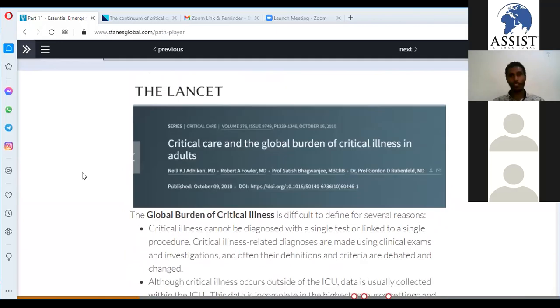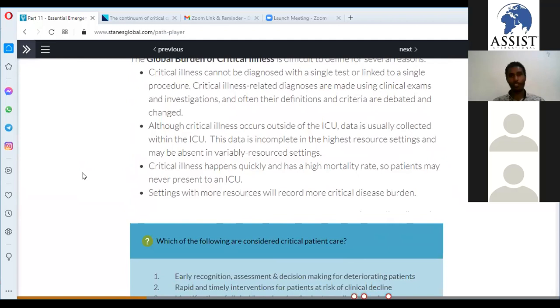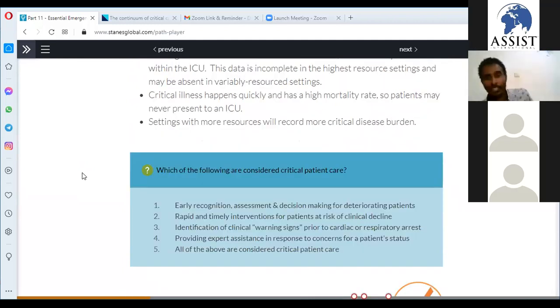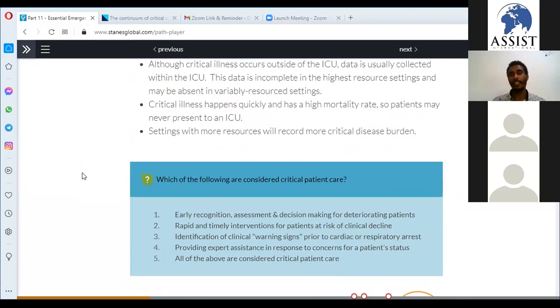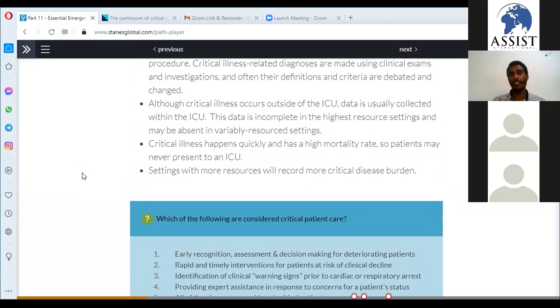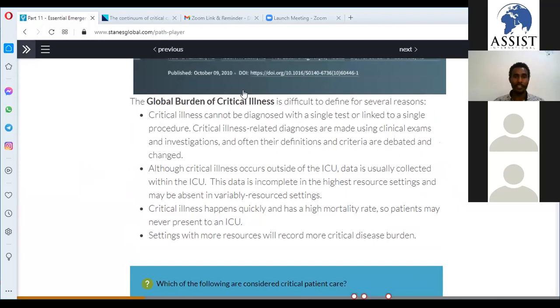The exact definition of what critical patient care is may differ for different reasons. One is that critical illness cannot be diagnosed at a point in time or with a single test.